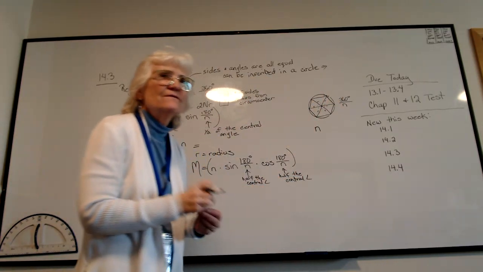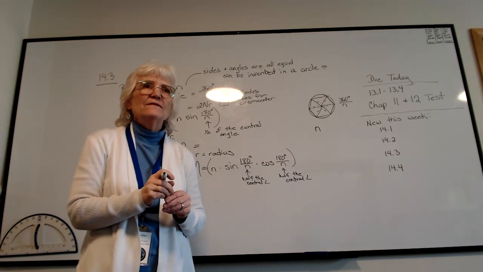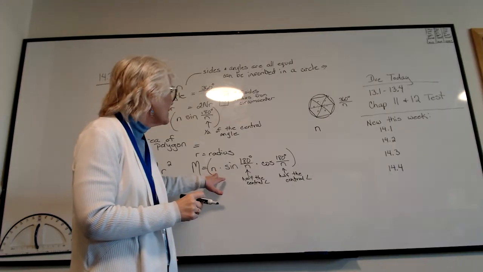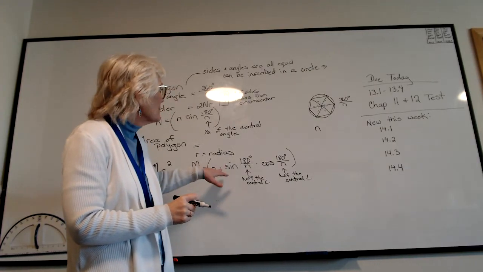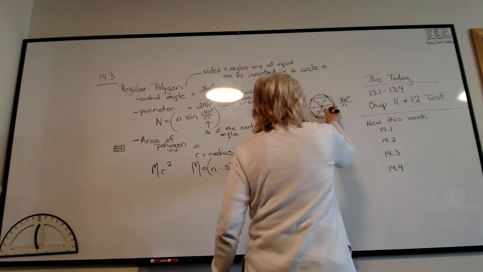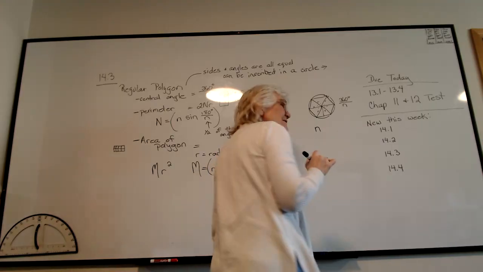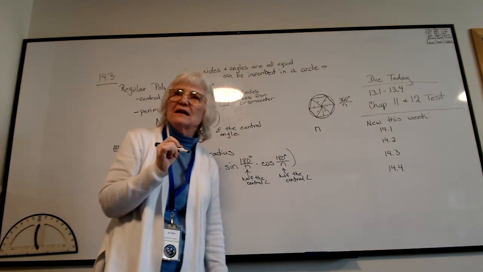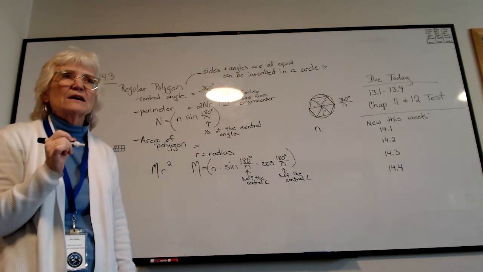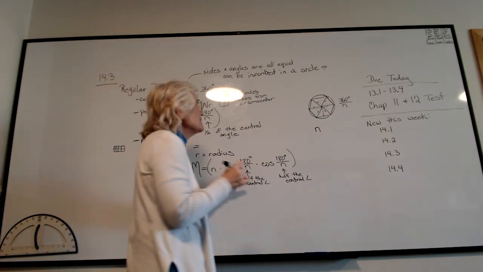So we're going to find the triangles that you have. Then we're going to find each one's height and its base. That's what you get from doing the sine.